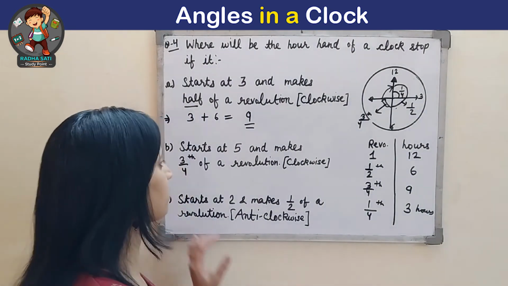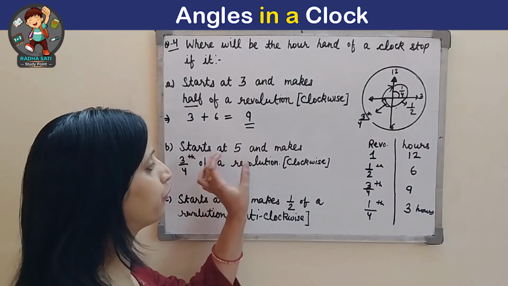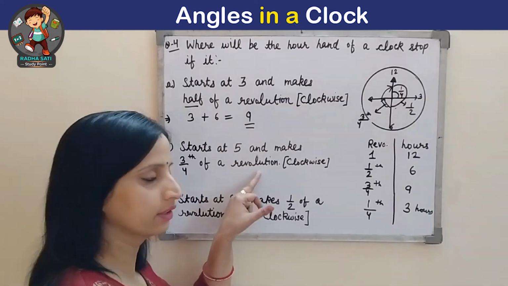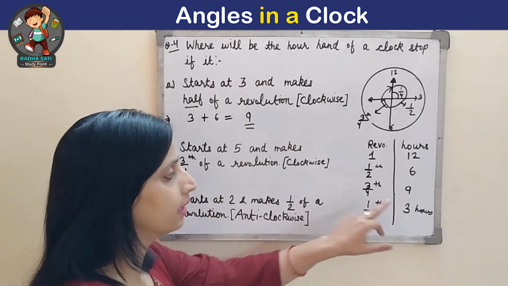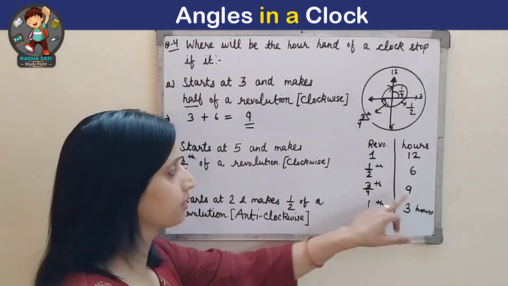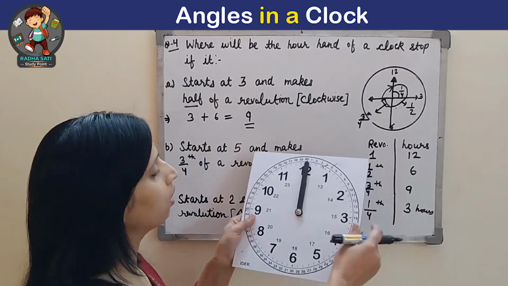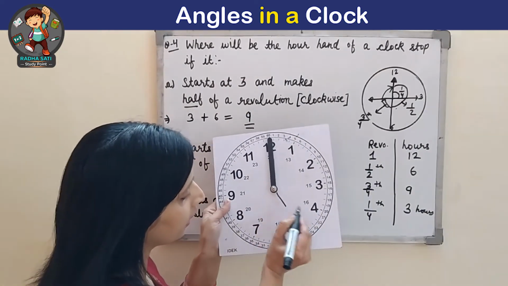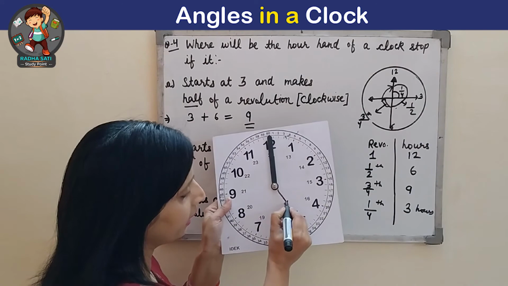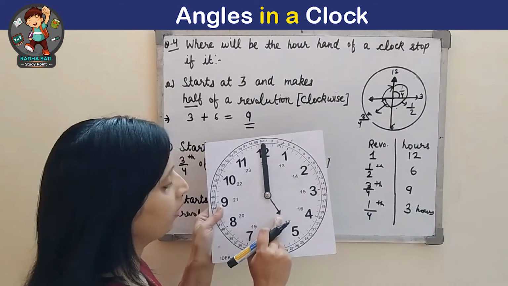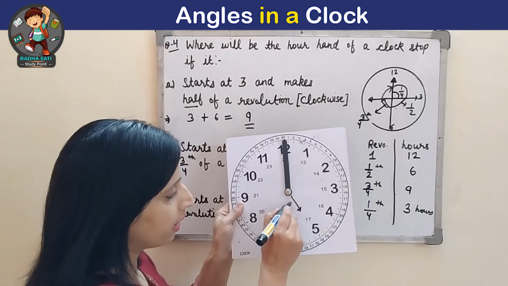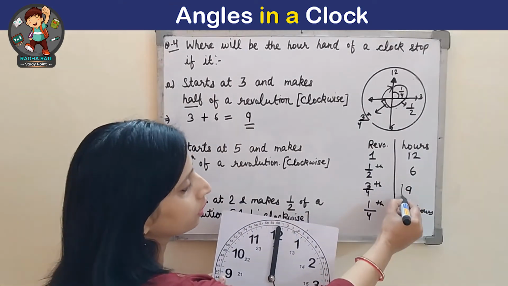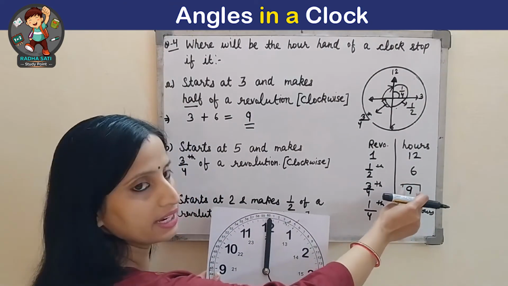Now the next is, if the hour hand starts at 5 and makes 3/4 of a revolution. 3/4 means it's 9 hours. Okay. So the hour hand starts at 5. So we will draw the hour hand here at 5 and it will move 9 hours further in clockwise direction. So 3/4 of a revolution means 9 hours.